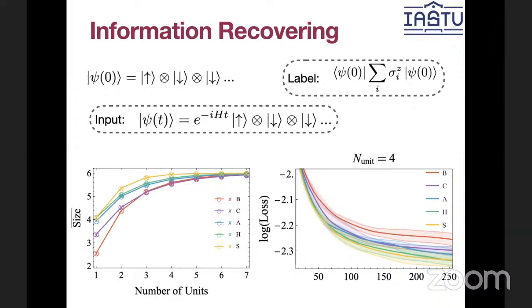Then these wave functions are evolved by a very chaotic Hamiltonian for a long enough time. So we want to use the quantum neural network to extract the total magnetization of the product state from this wave function, which is highly entangled.